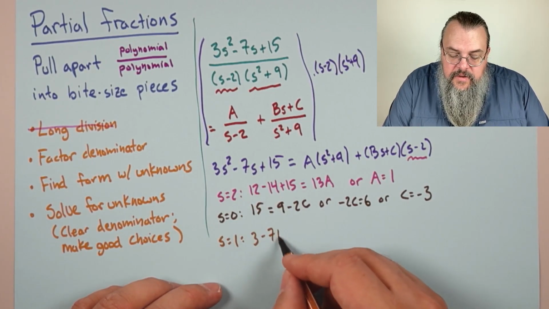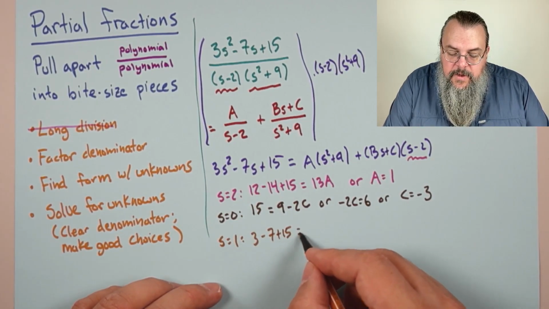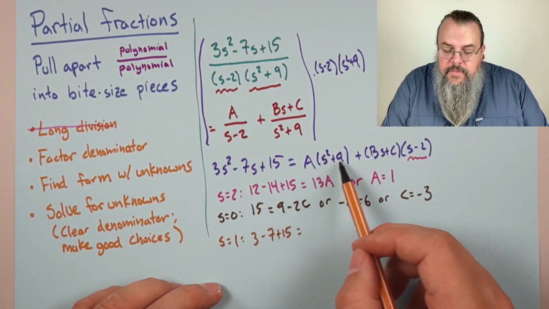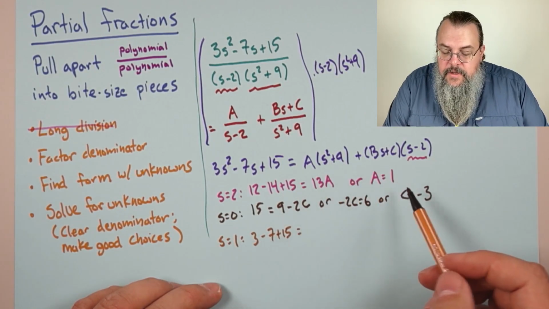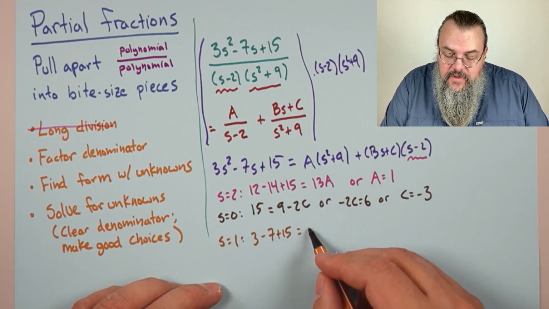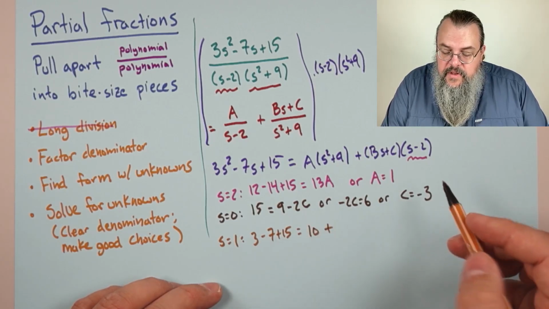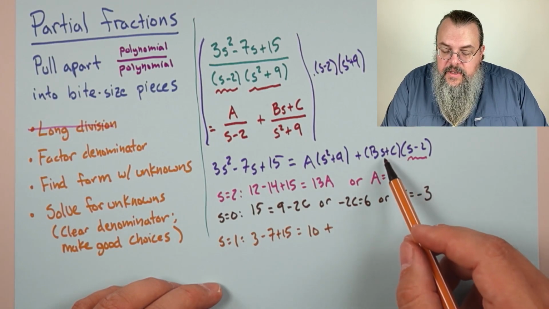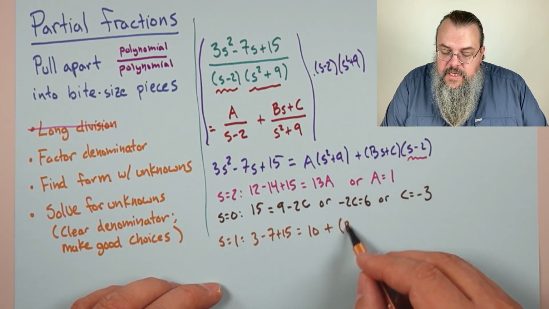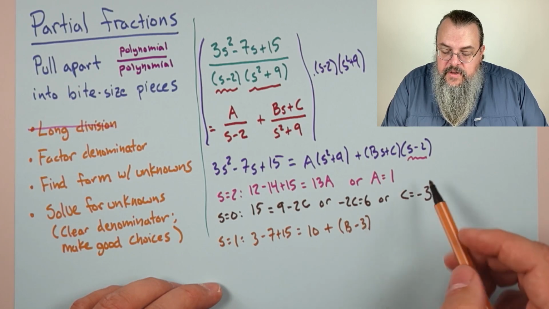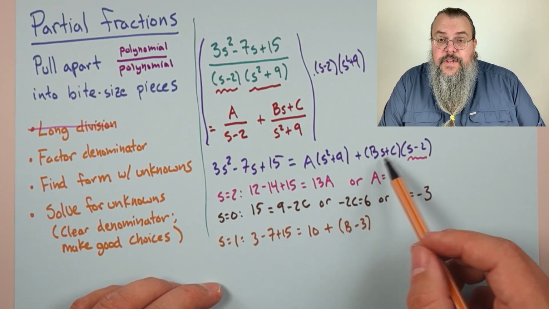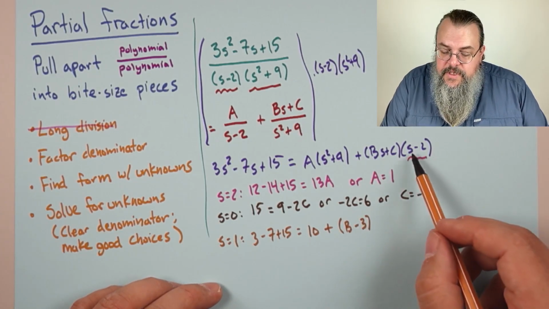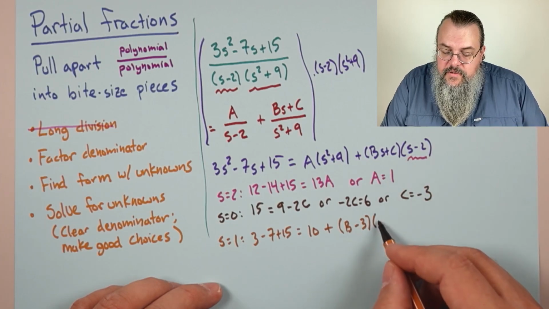That's the nice thing about plugging in 1. It's easy to plug in 1. 1 plus 9 is 10, 10a. Wait, we know a is 1, so that's 10. Plus, and here we know c is negative 3, so we have b minus 3. Yes, right? b times 1 minus 3. And then we have 1 minus 2 is minus 1.